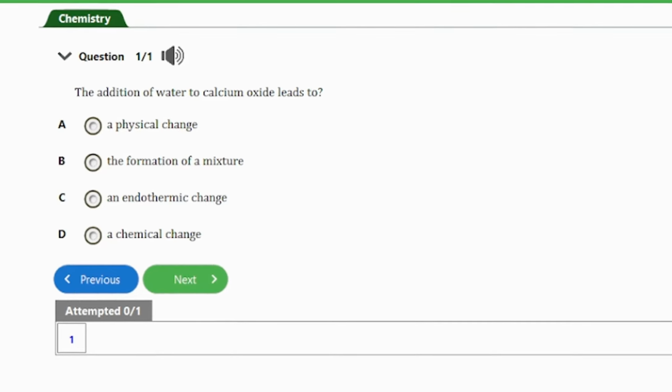So let's just quickly zoom in right here and show the reaction here. So guys, this is calcium oxide.